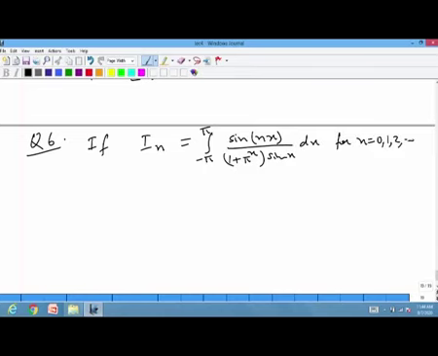For every non-negative integer we have defined I n to be this integral.